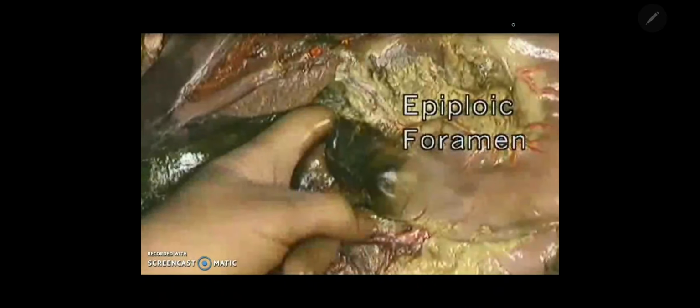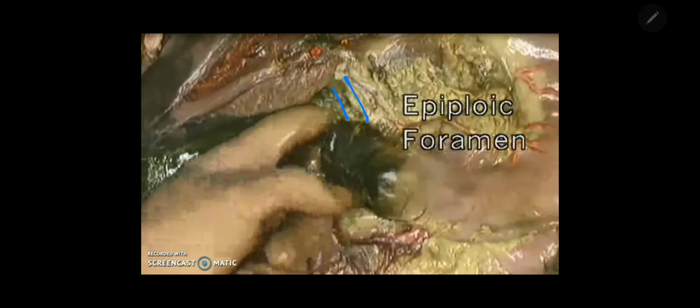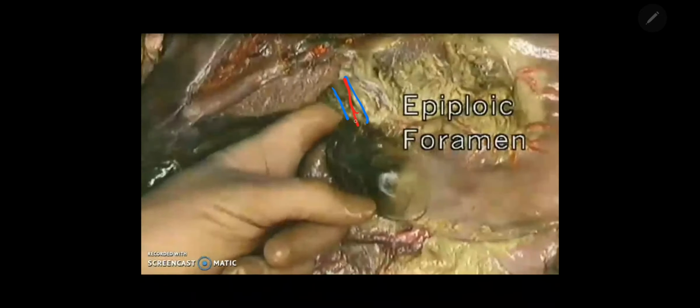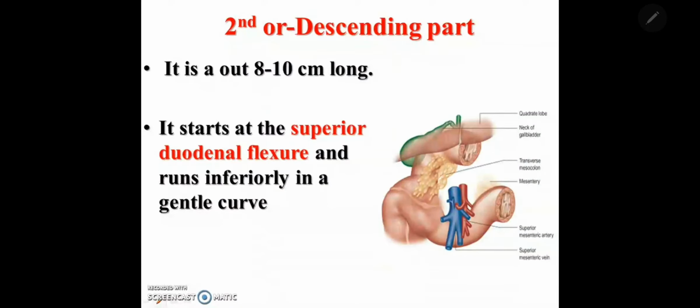Here you will see the portal vein, the hepatic artery and the common bile duct in the right free margin of the lesser omentum. Behind that you will see the epiploic foramina.